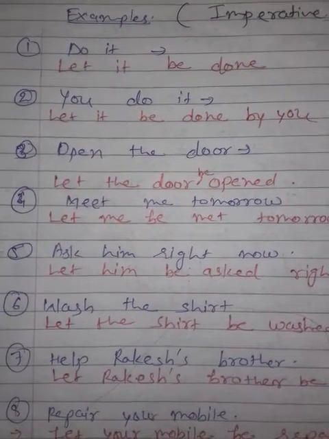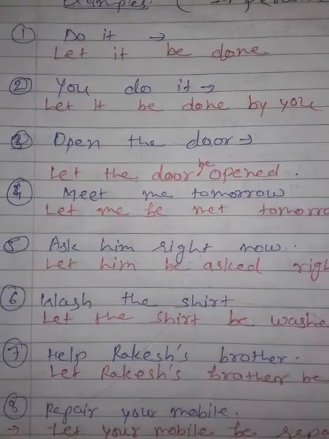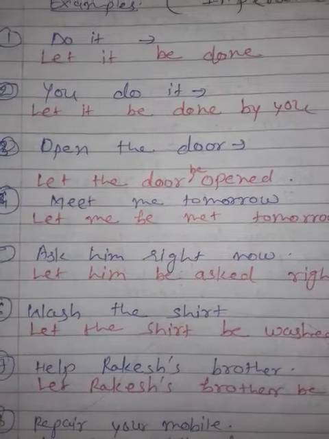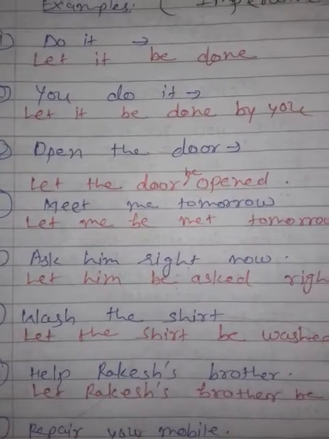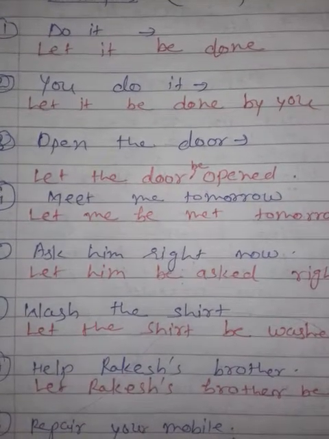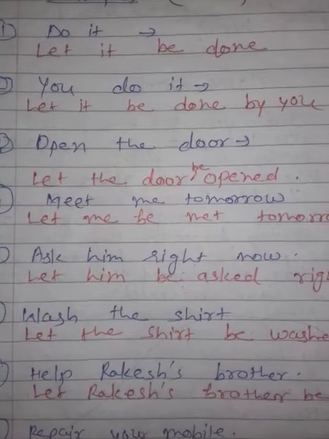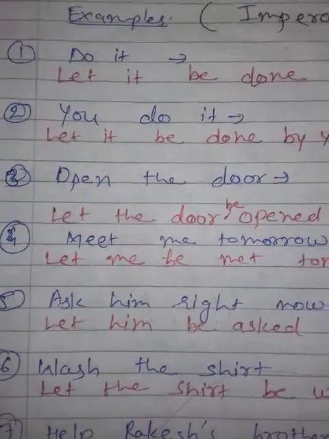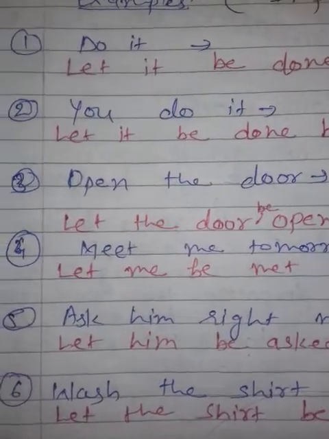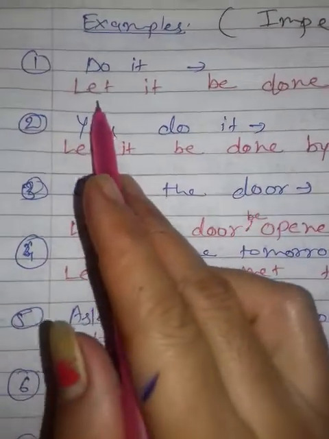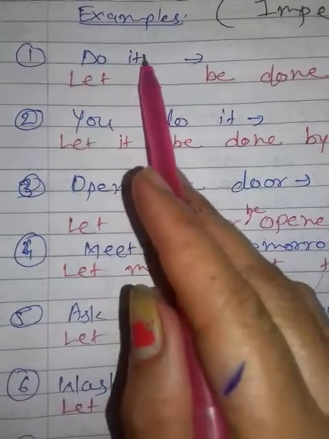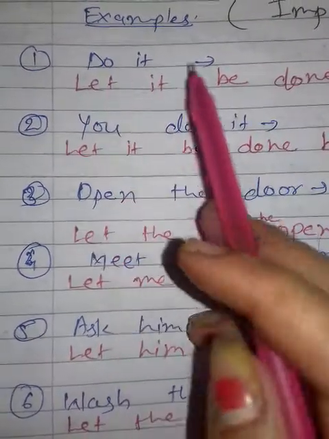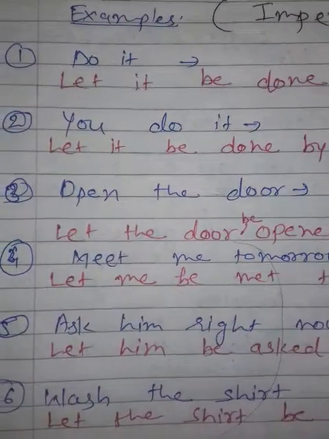Remember, when you change an imperative sentence into passive voice, start with let. Then after the object, add be and the main verb's third form. First example, do it. You have to start with let, then the object, let it, then be and the third form of the main verb, done.